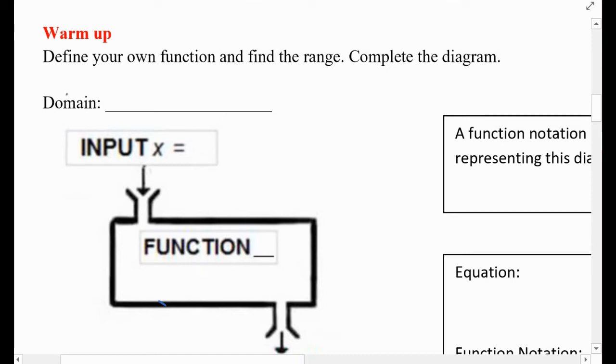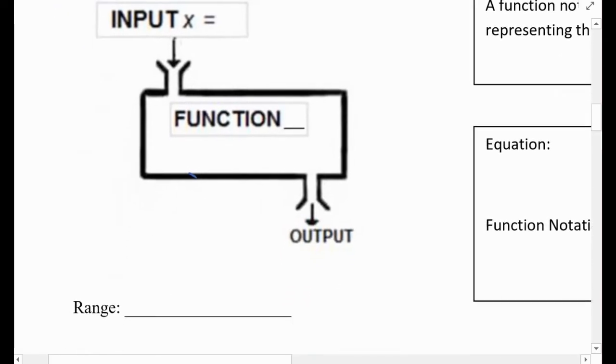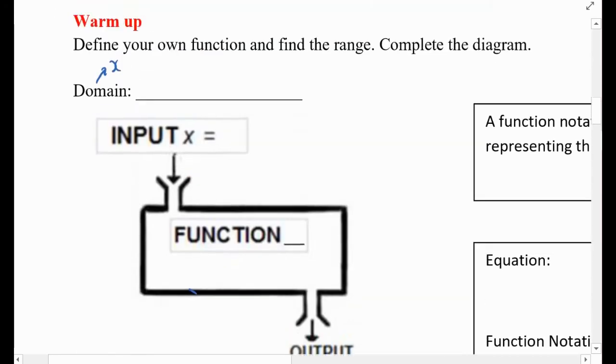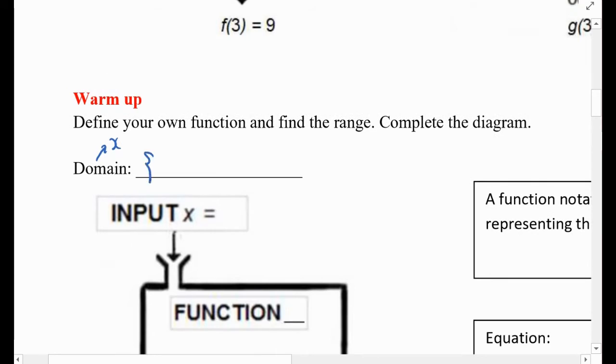For domain, we usually use x, and for range, we use y. And we're going to use a set notation, x bar. X bar means elements of the set are x values. x is in all real numbers. Remember this notation.